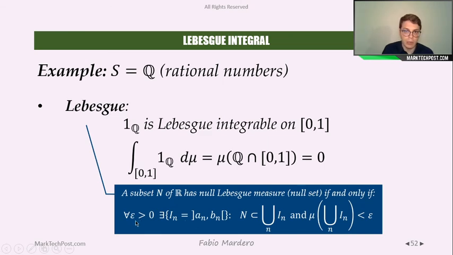Give me one epsilon, it could be greater or smaller, how you want, but I will always find a collection of intervals that cover the point, so the point is inside the interval, but also such that the Lebesgue measure of the union of these sets will be less than epsilon, the epsilon you gave to me.